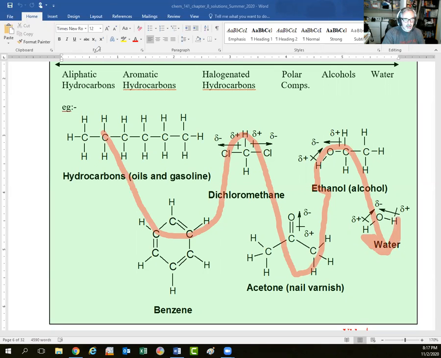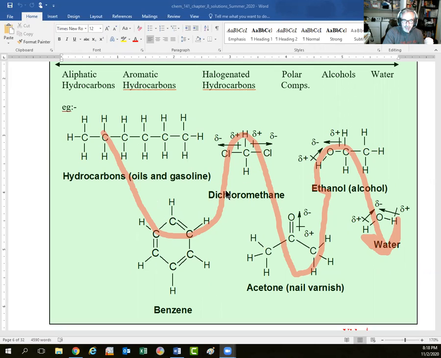So hydrocarbons with non-polar carbon to carbon and carbon to hydrogen bonds, you'd expect these molecules to react through induced dipole interactions. Similarly with benzene, it has non-polar bonds, but the bonds are more electron enriched, and this leads to more attractive forces.